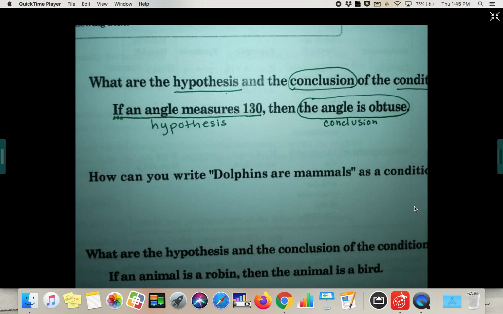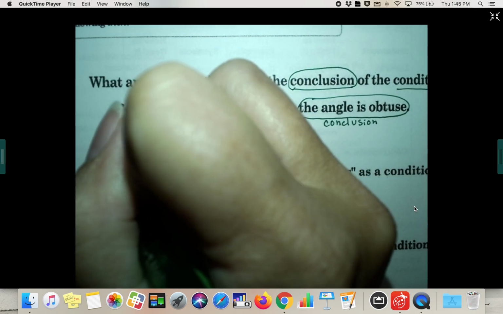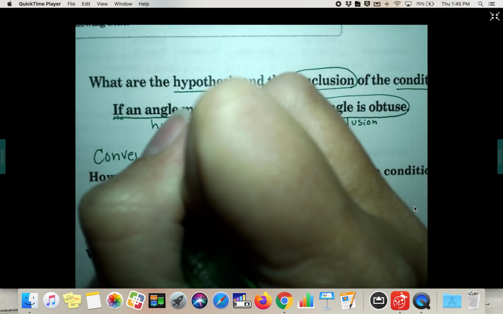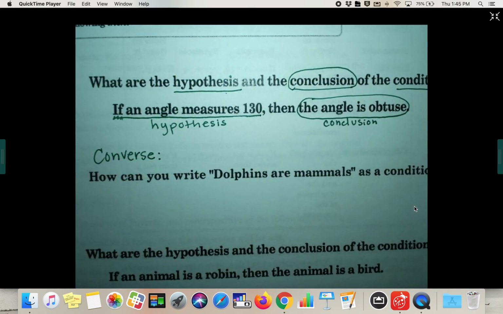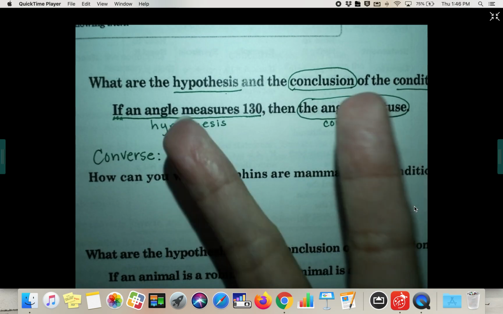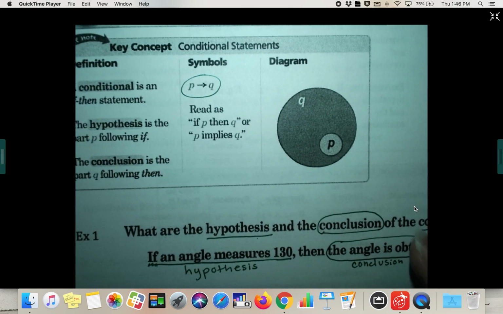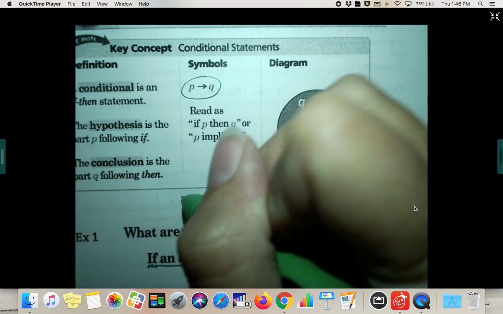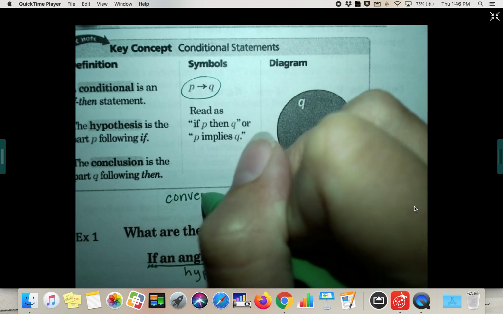Actually, I'm going to go ahead and teach you what the word converse is. No, it's not a fancy tennis shoe. So we're going to write the converse too. The converse is when you take P and Q and you flip them. I wasn't going to do this today, but just kidding.